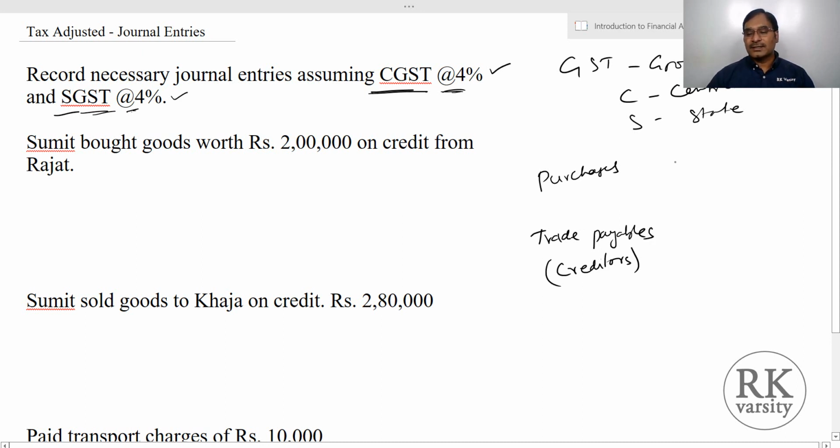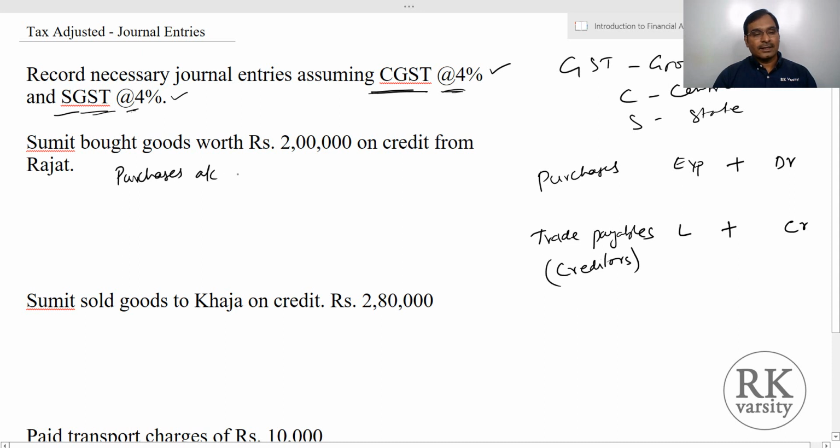So purchases is an expenditure, trade payables is a liability that we have to pay. So here there is an increase in expenses and also an increase in payables. When there is an increase in payables, we credit this account, and when there is an increase in expenses, we debit this account.